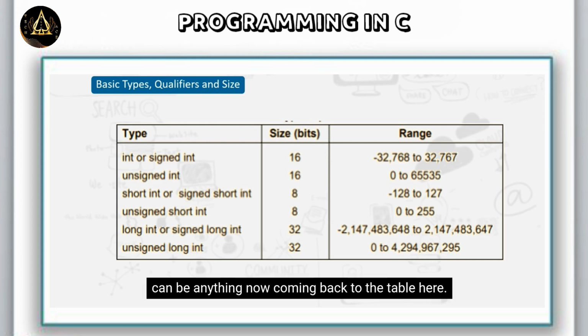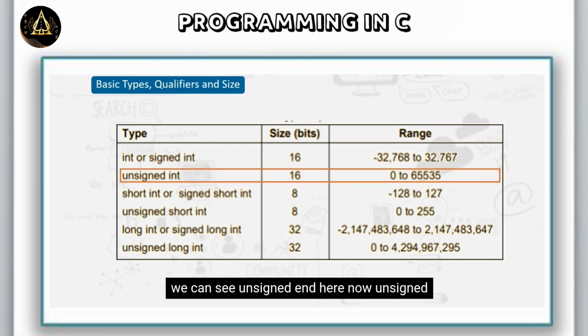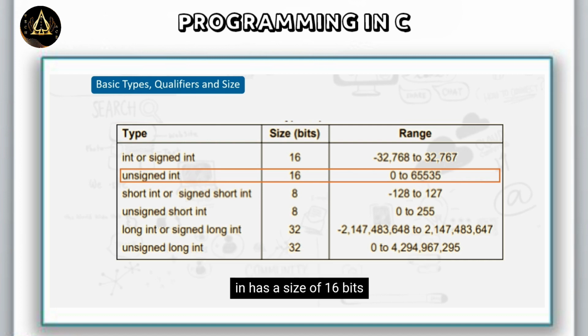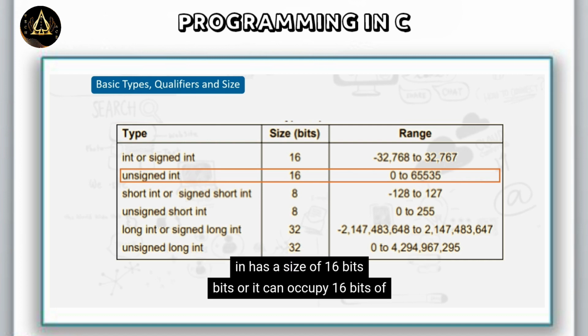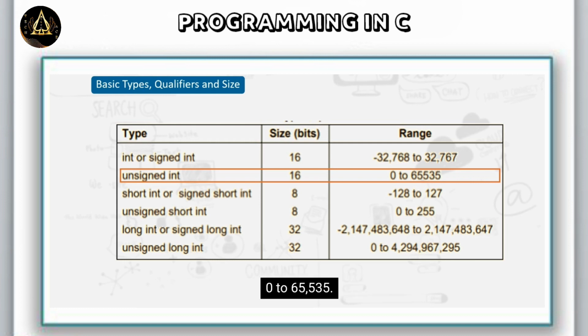Now, coming back to the table, as we can see unsigned int here. Unsigned int has a size of 16 bits, or it can occupy 16 bits of memory, which ranges from 0 to 65,535.